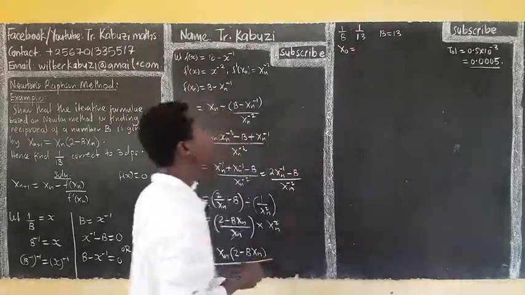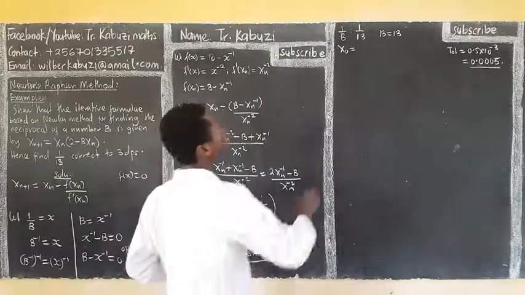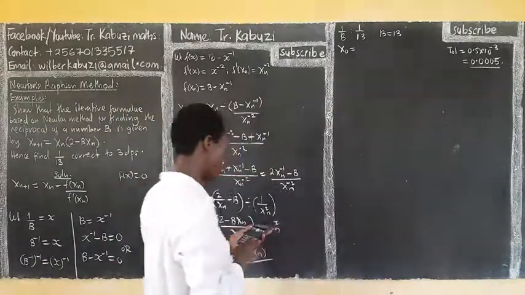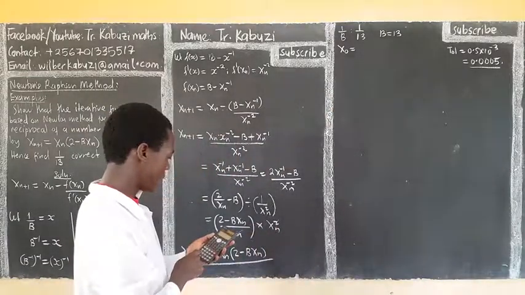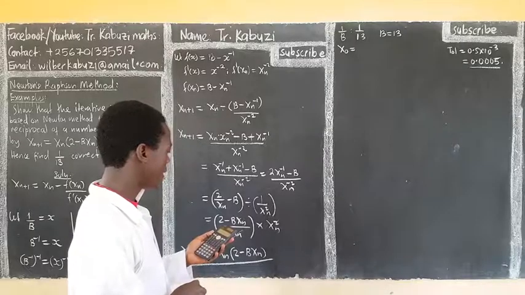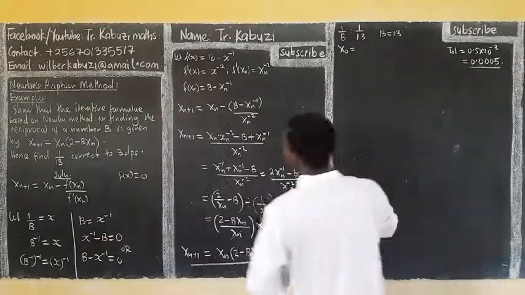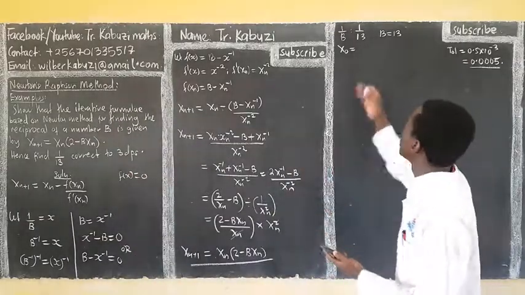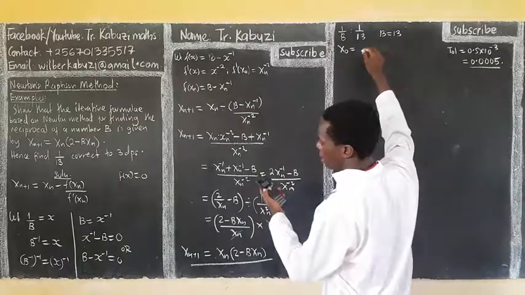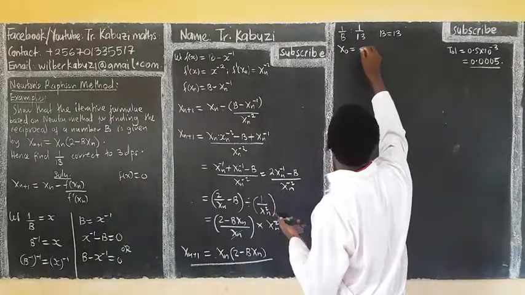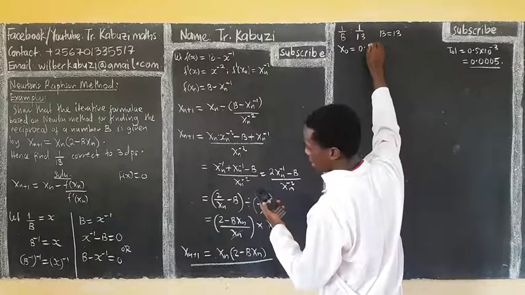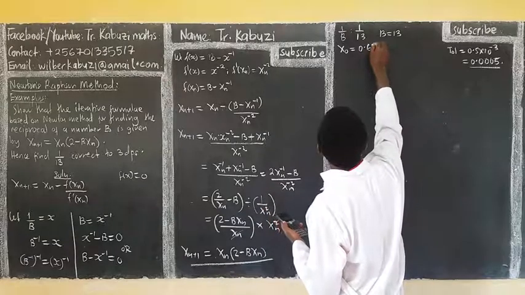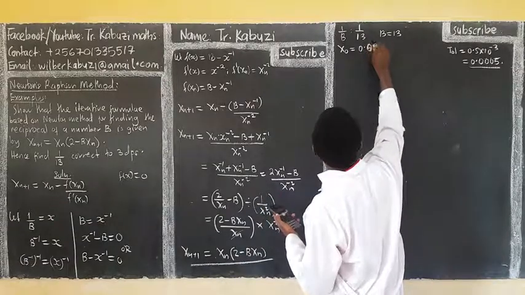How do you get x naught? You press this value, so you get 1 divided by 13. You get something like 0.07 something. So you can set a value near this. So if I'm getting 0.07, then you start with 0.06, maybe.